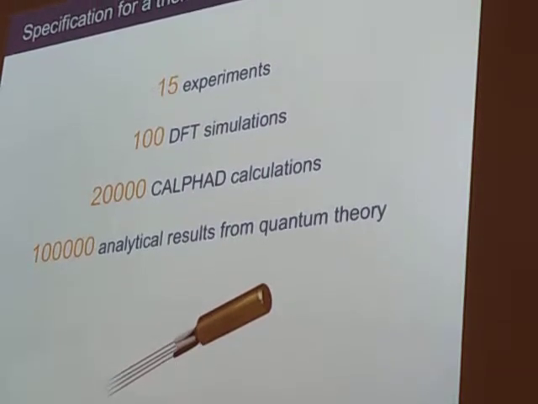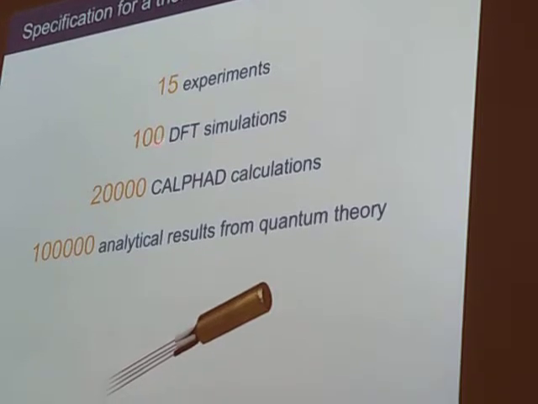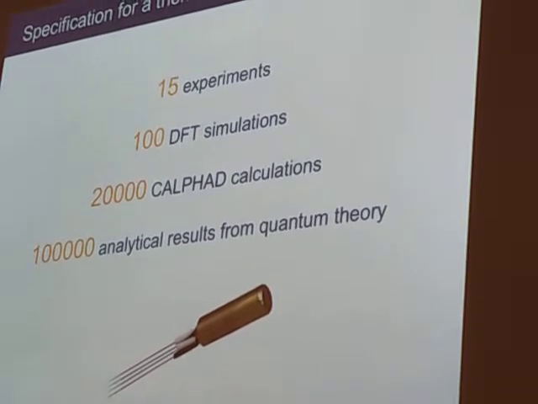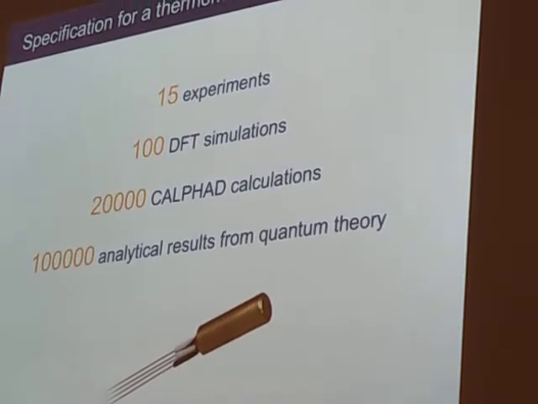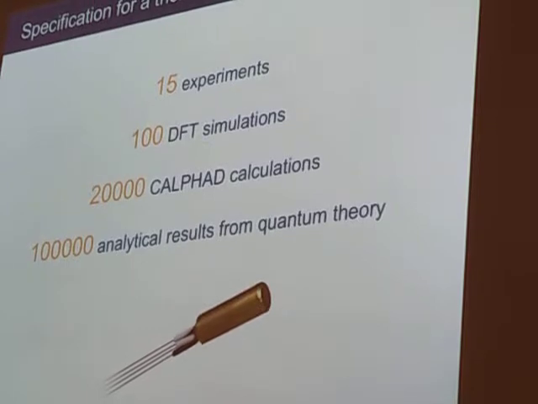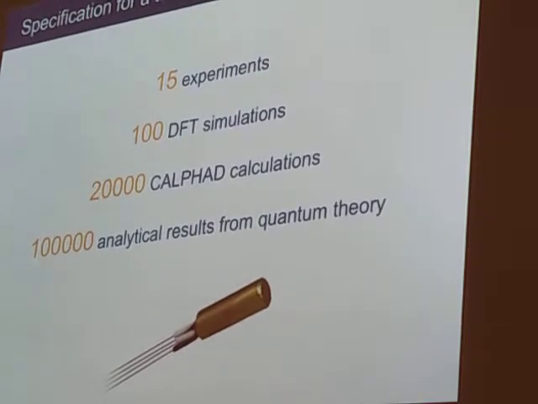Now, we are taking a lot of time to do these DFT calculations and experiments, and we want to work out what the most useful simulations to perform are. To do that, we can run our machine learning in another way, a method called reinforcement learning.